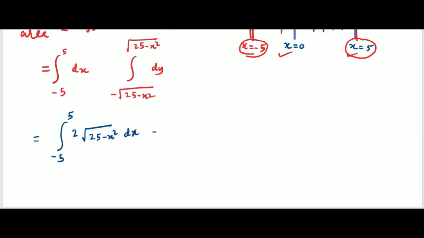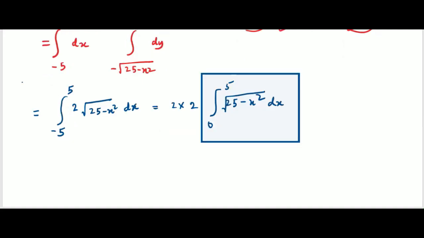Then also you do one thing: 2 into the integral from 0 to 5. Back to the square one, because we already found this, 25 pi divided by 4. Now the formula was the integral from minus a to a of f of x dx is equal to 2 into the integral from 0 to a when f of x is an even function.